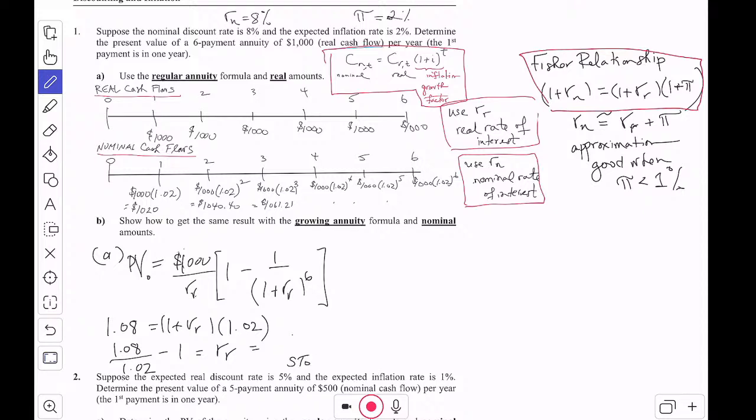Whatever you get, store it in your calculator, because you need to use it. What do you get?